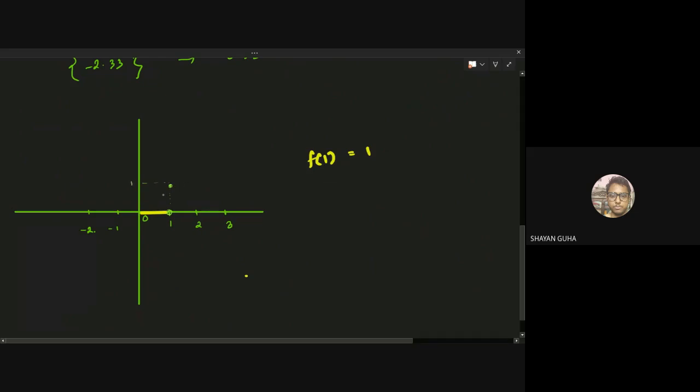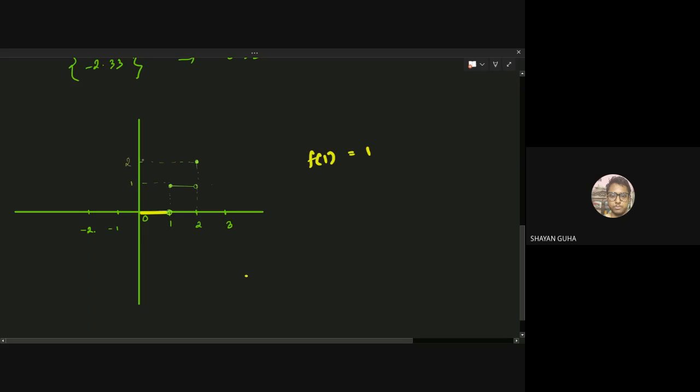Now for any value which is greater than 1 and less than 2, it will remain on the same base, like this only. It will move forward till point 2. Now at 2, it will again make a jump, again of height 2. Here the function's actual value will be here.